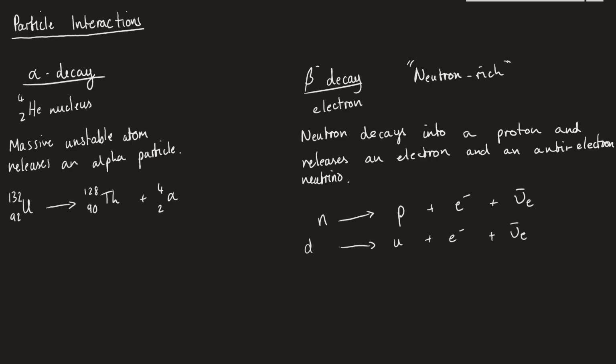Okay, now there's a flip side to beta minus decay. What if instead of having too many neutrons, this element has too few neutrons? In that case, instead of doing beta minus, it's going to undergo beta plus decay. Now in beta plus decay, we're actually releasing a positron, the antiparticle of an electron.